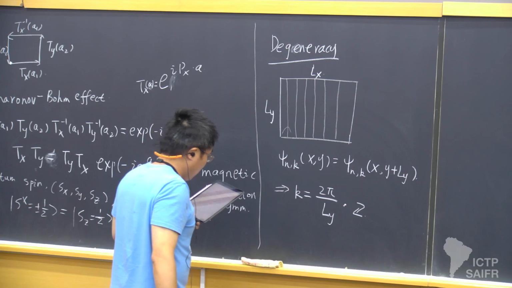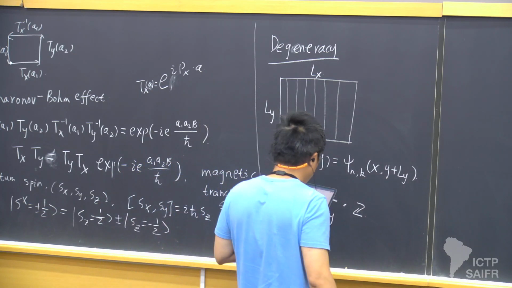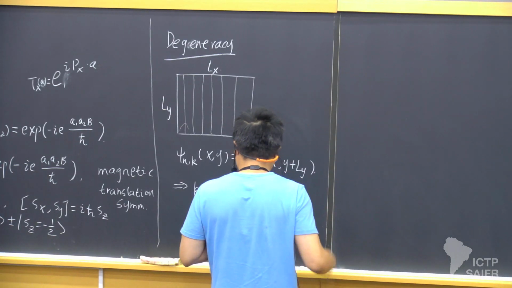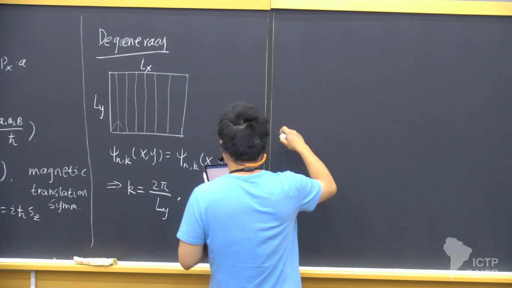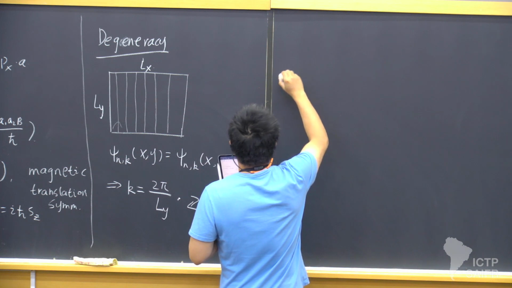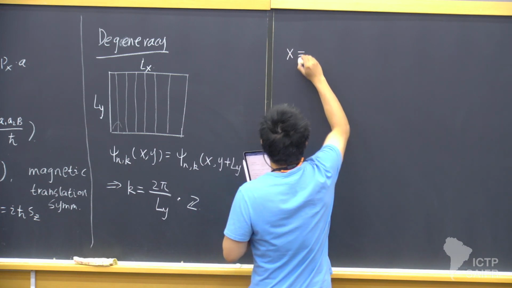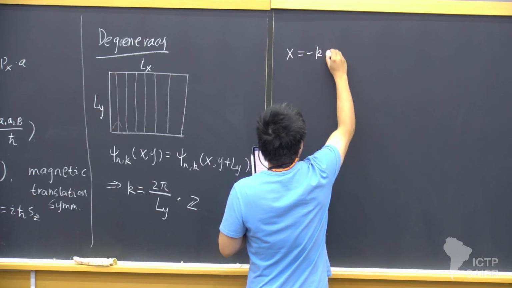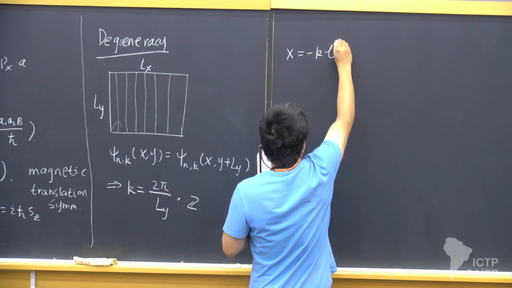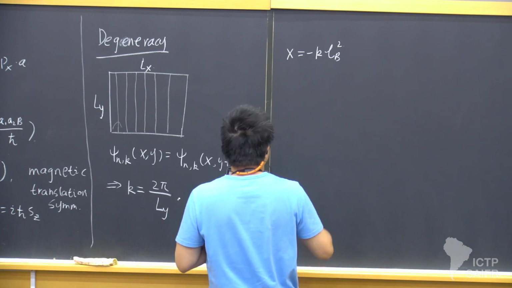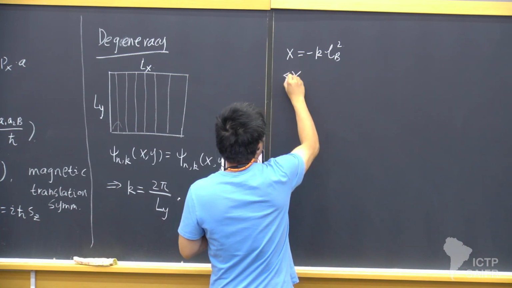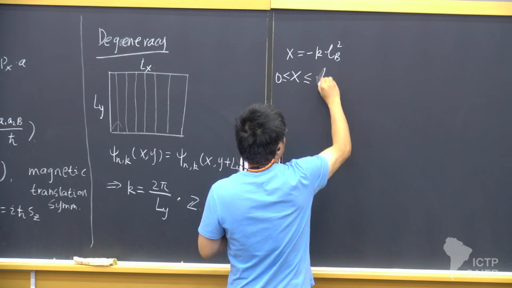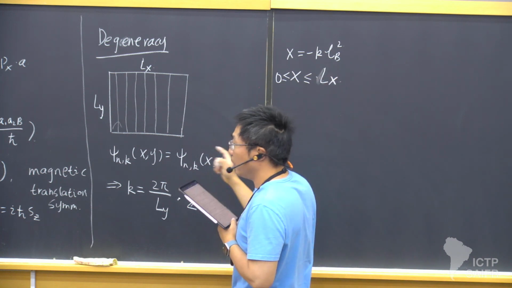So we have two things. One is that x equals k times LB square for each wave function, and I have x bounded between 0 and Lx.